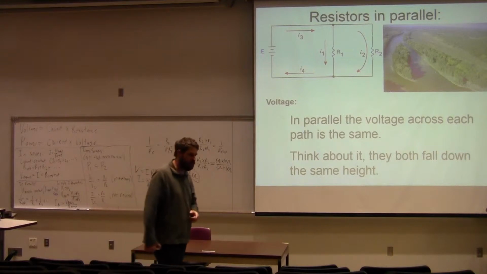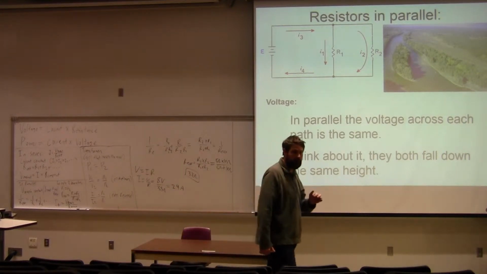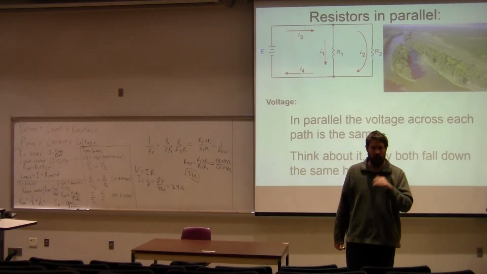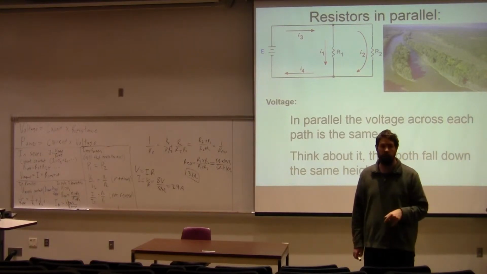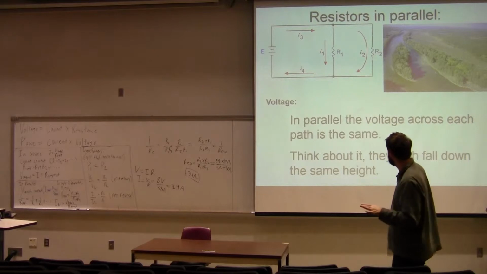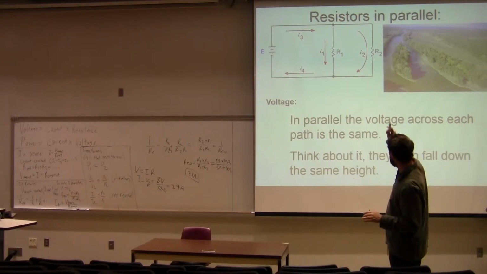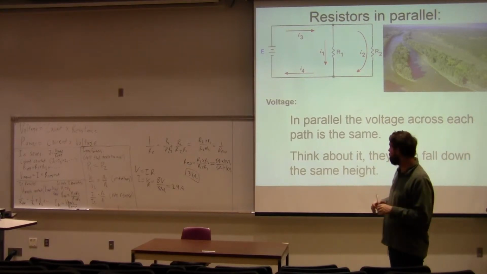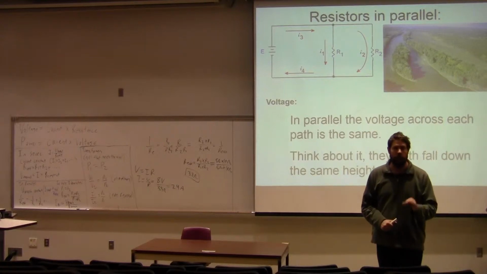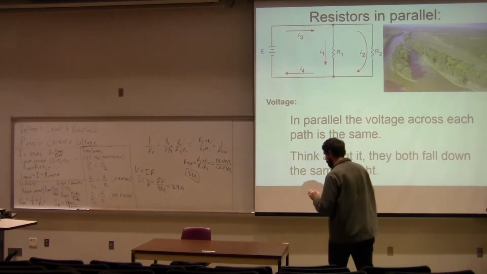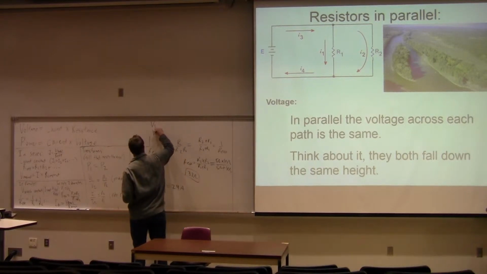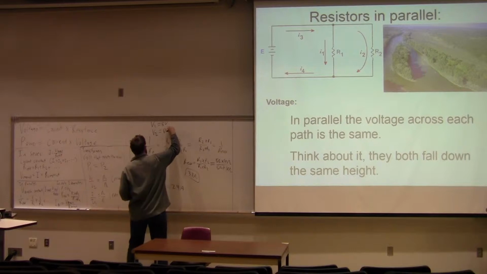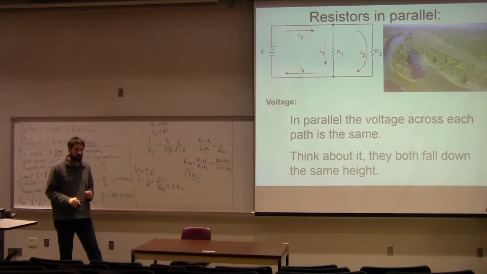Since the change in height is the same, that means the voltage drop is the same. So voltage goes up through batteries and down through resistors, usually. So I go from 8 to 0, that means my voltage drop across R1 and R2 is both 8 volts. So I'm going to call voltage 1 and voltage 2, they both equal 8 volts in this case.